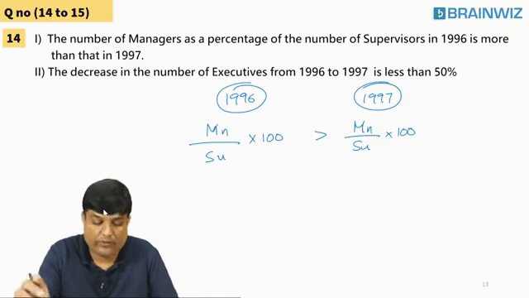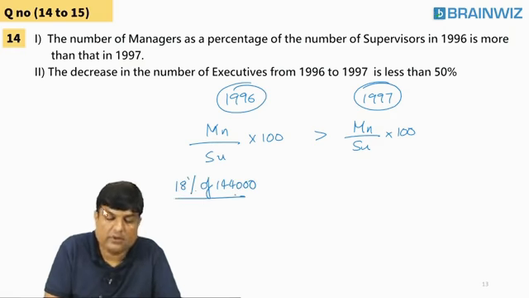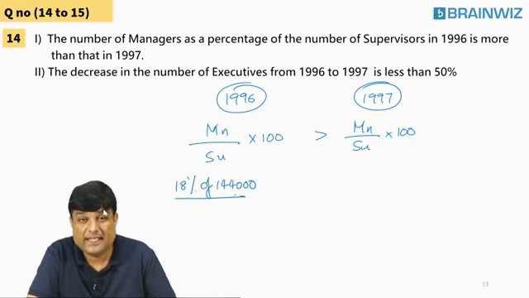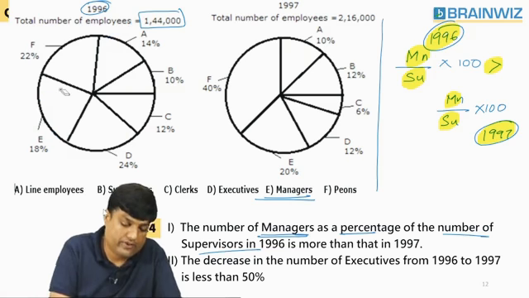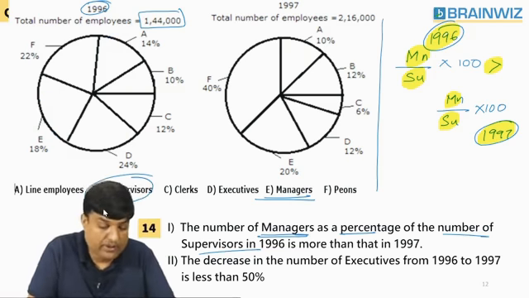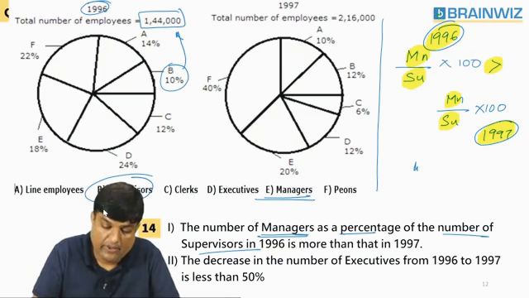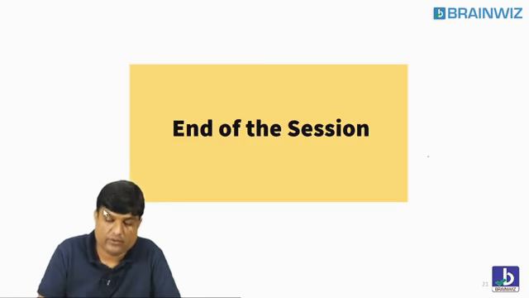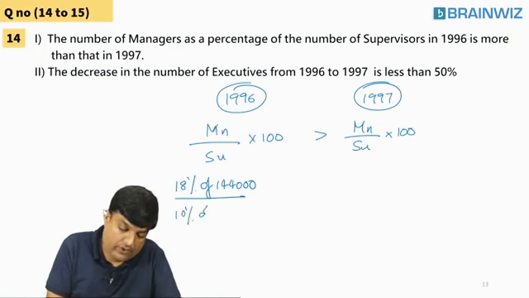That is the number of managers in the year 1996. Let's compare the number of supervisors. Supervisors is B. B stands for supervisors, guys. 10% of 1,44,000, guys. Following, everybody? 10% of 1,44,000.